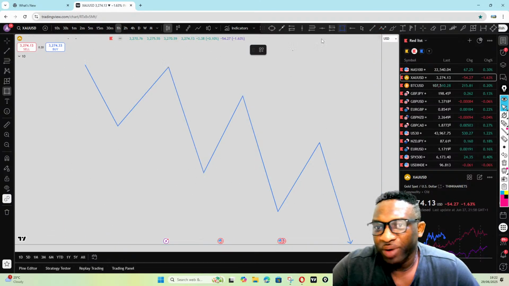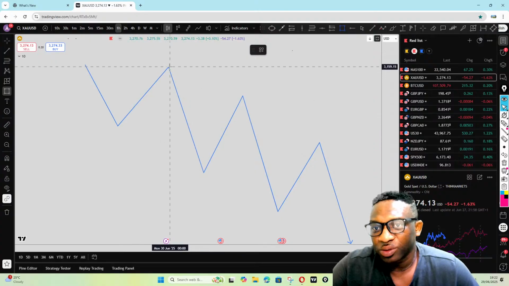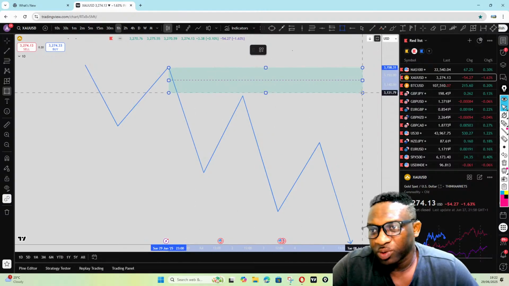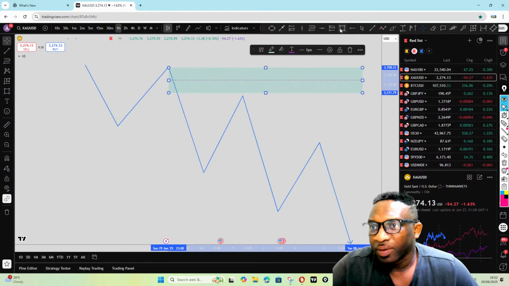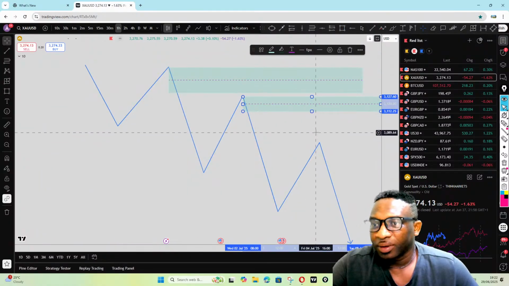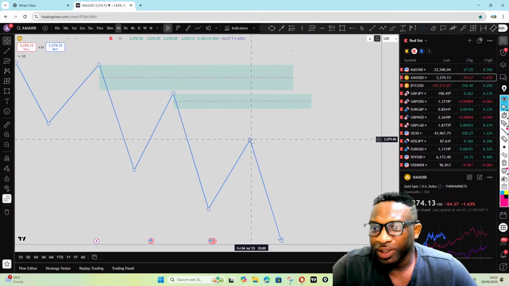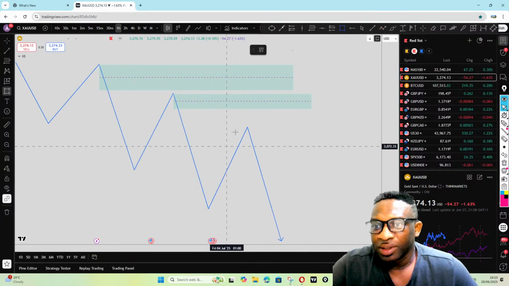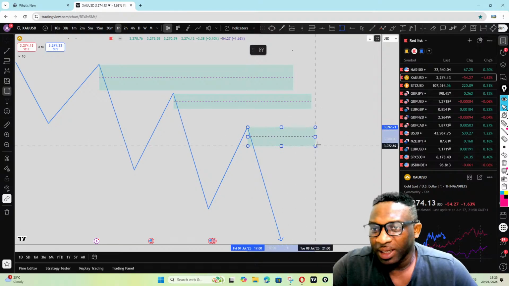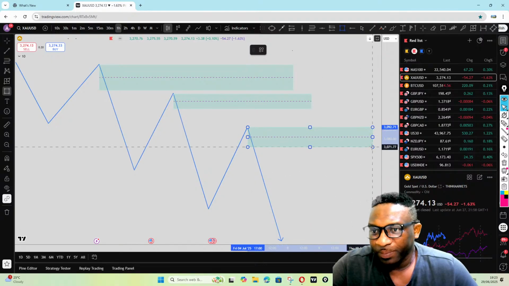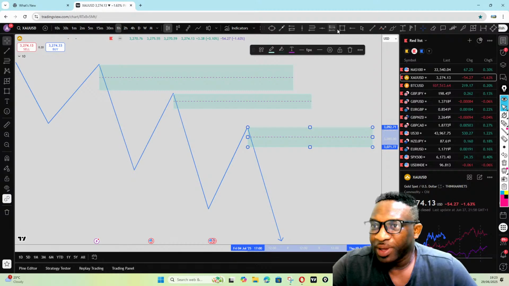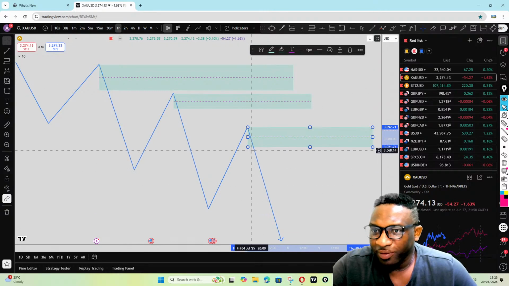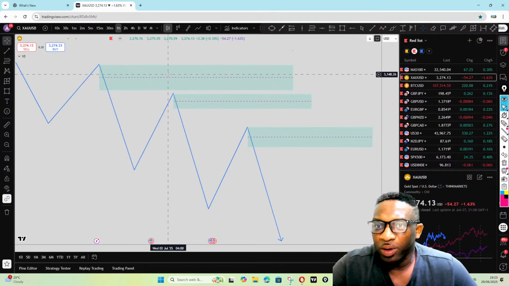Over here we can see that the price has created all these supply zones, filling all the imbalances along the way as it makes its way downward. So in a situation where there is a gap, like for instance from this point on, these are all supply.